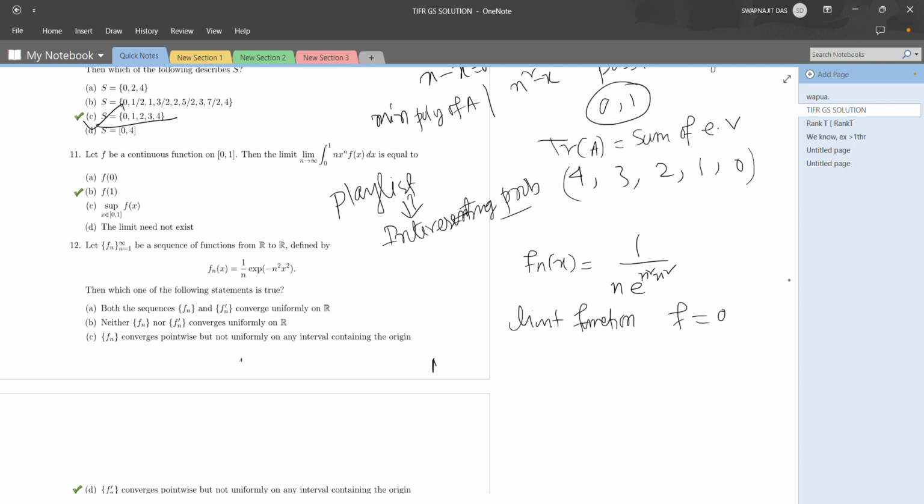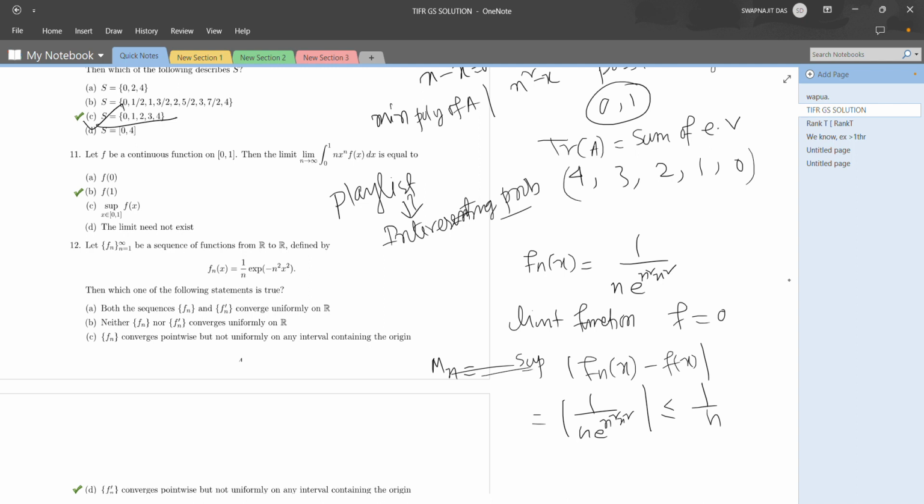Then Mn equal to supremum of |fn(x) minus f(x)|, that is, mod 1 by n e power minus n square x square, which is less than or equal to 1 by n, right?